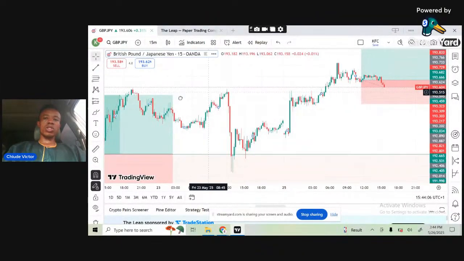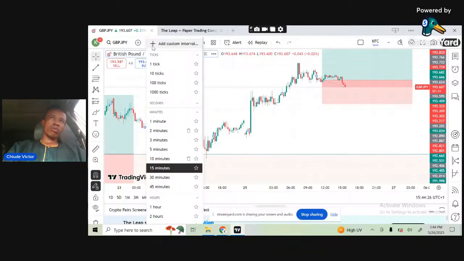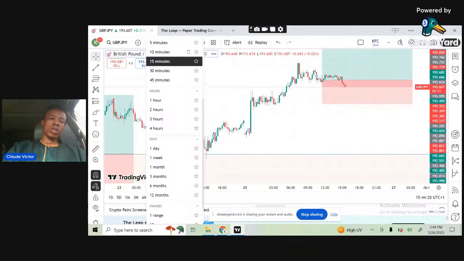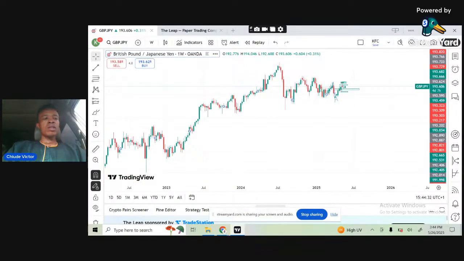So this is the GJ. I was just looking at this entry. No, there's no confirmation on that entry, so I don't see that as an entry yet. Until there is a confirmation, we do not take the entries. Remember. So I was looking at GJ from the top down, and I'm seeing that the directional bias looks bullish.